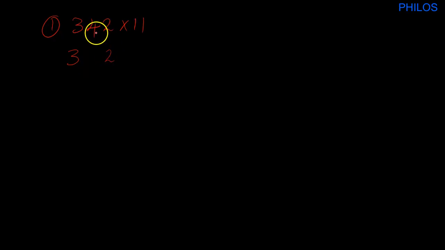After that, you take the middle digit and add it to the last digit. So 4 plus 2 is what? 6. And also take the middle digit and add it to the first digit. So 4 plus 3 is what? 7. So the answer for this is 3762.